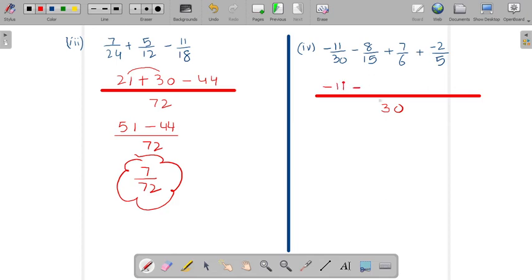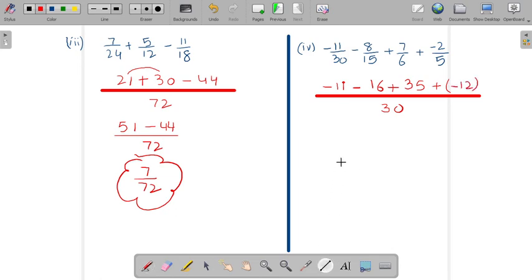So here you will get 30 divided by 15, so it would be 2. So 2 multiply 8, 16. Here it would be 5 multiply 7, 35. Here you would be getting 6 and multiply it with minus 2, so minus 12.